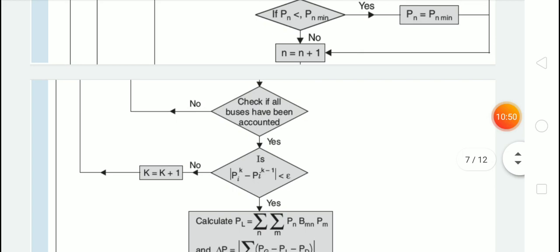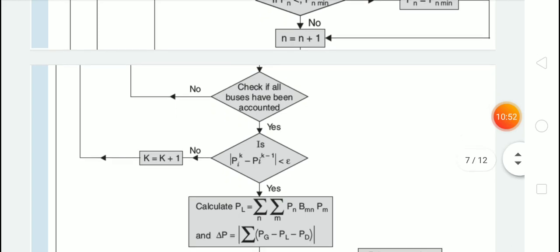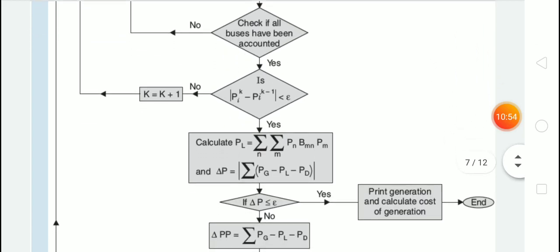Otherwise, we can increment k to k plus 1. Then calculate the power loss value PL, sigma n sigma m Pm Bmn Pn, by substituting all the values of Pm and Pn. Then find the value of delta P. Delta P is generation minus load demand minus losses, Pg minus Pd minus Pl.